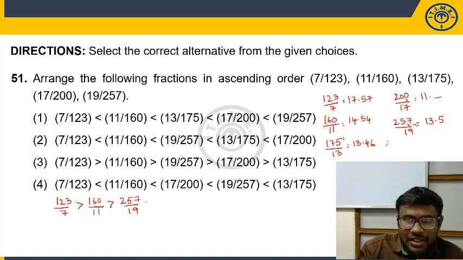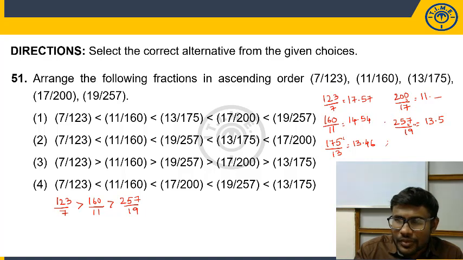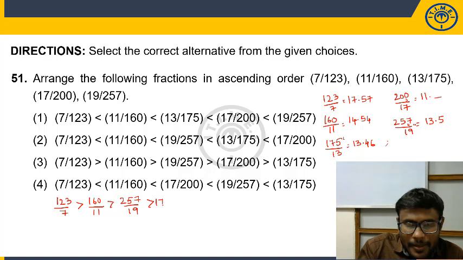We are writing in descending order. After 257 by 19, the next is 13.46, that is 175 by 13, and the least one is 200 by 17.